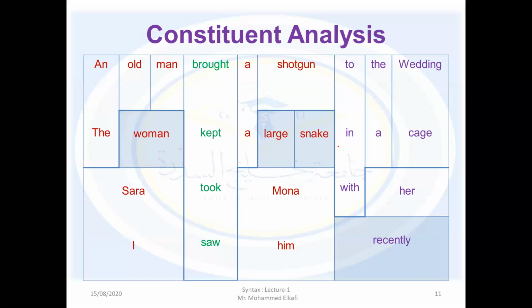When you say to the wedding, that means to where, to the place, to some place. In the cage, where also, so it answers the same questions. So in case the prepositional phrase answers the question of when or where, that means they are accepted as what? Adverbials. So you will learn more about this point later, inshallah, in our course.